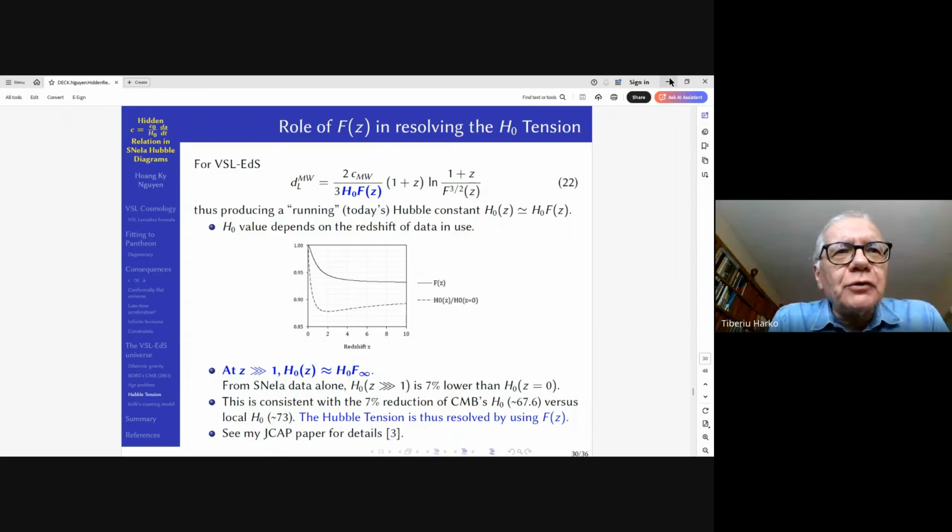And I would first of all like to mention that the VSL theories were generated in the 1990s due to a wrong discovery by an Australian astronomer called John Webb, who claimed that he observed the variation of the speed of light and of the fine structure constant from the spectra of the quasars.